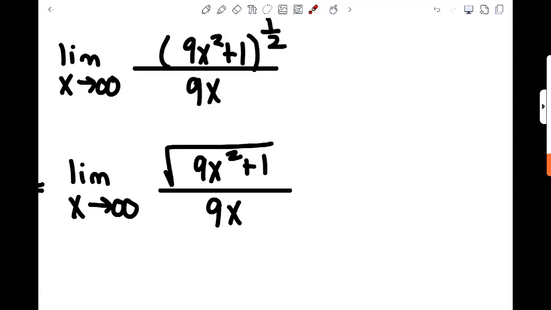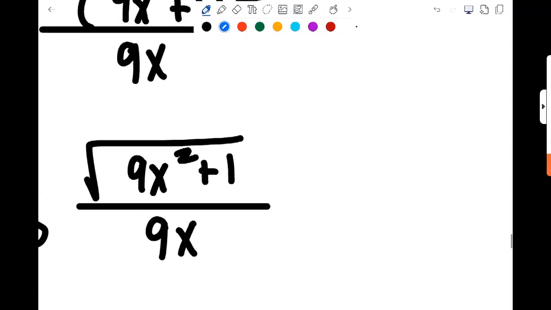Since this is basically degree 1 and degree 1, I want to divide by something out of the top and bottom, just to rewrite how things look.